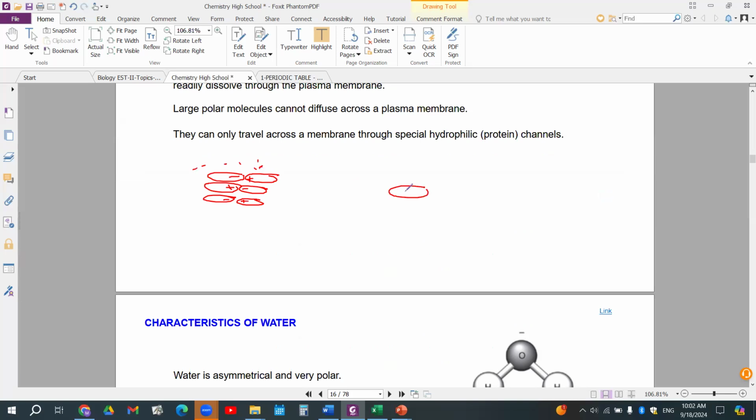Water will become like this: oxygen, hydrogen, oxygen, hydrogen, like ants. Sorry, there is a mistake here.